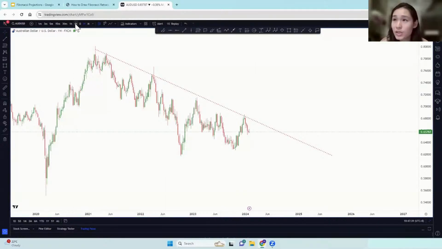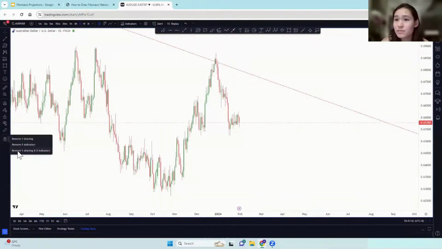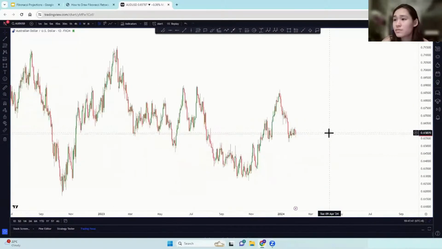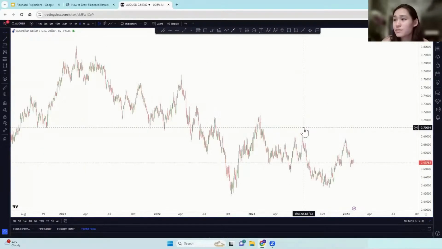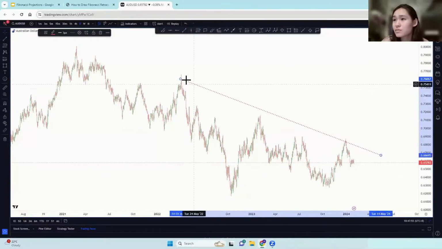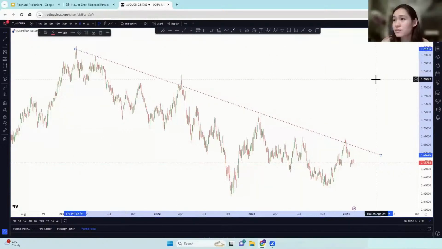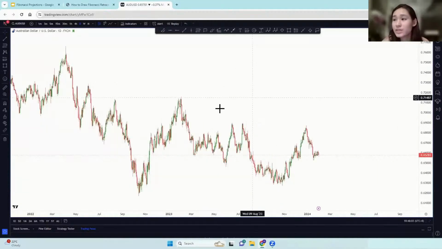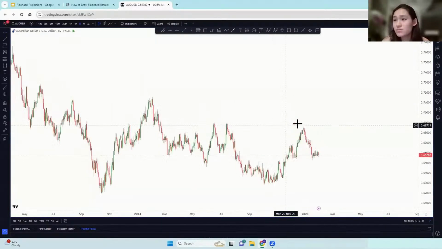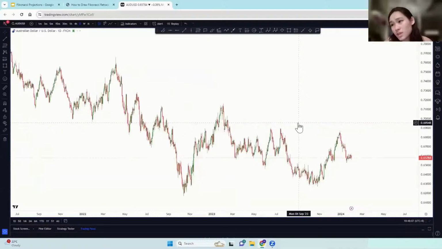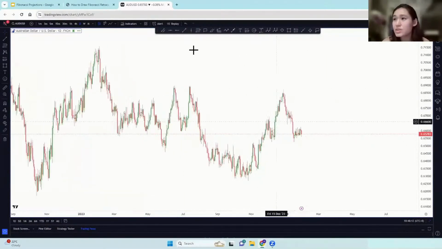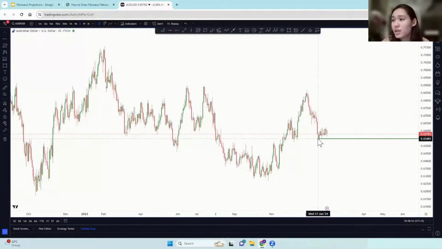On a daily time frame, there isn't really any trend channels or trend lines, but I wouldn't say it's a downtrend either. It's kind of ranging. So let's just go ahead and add some levels.